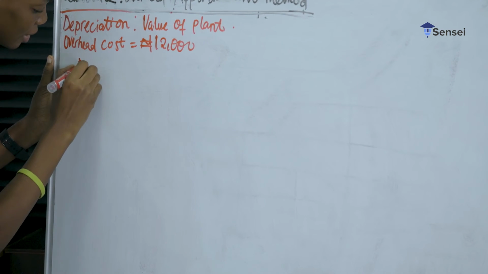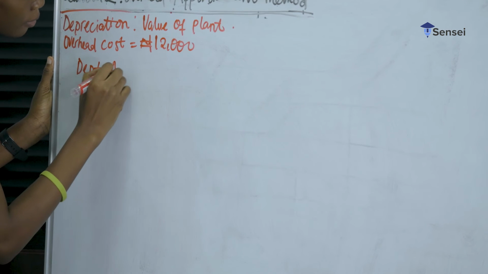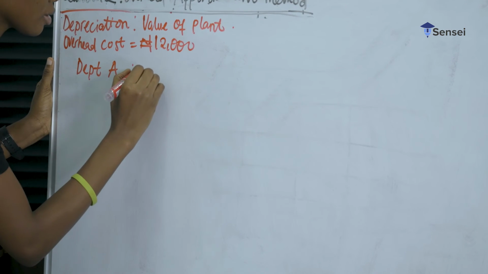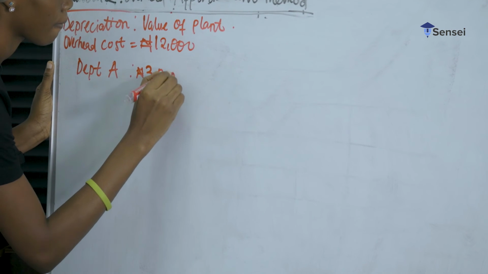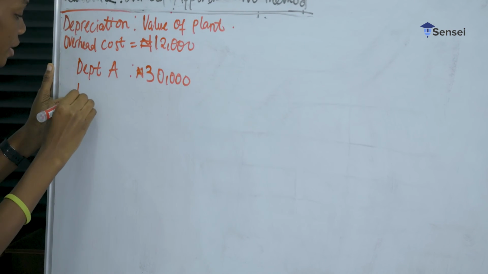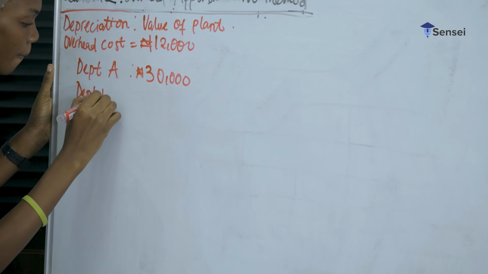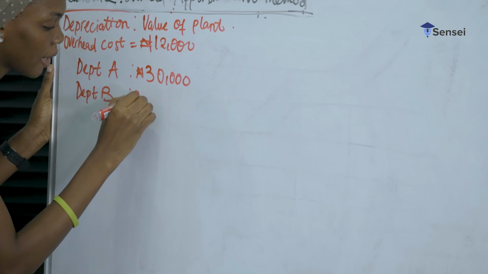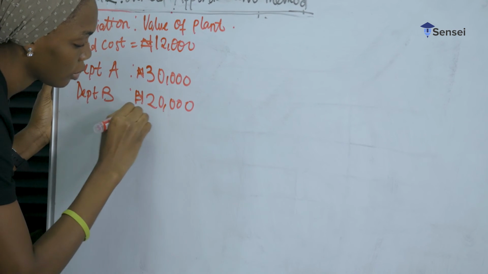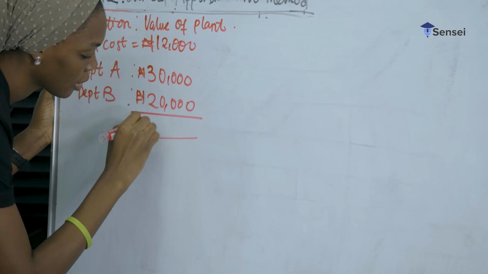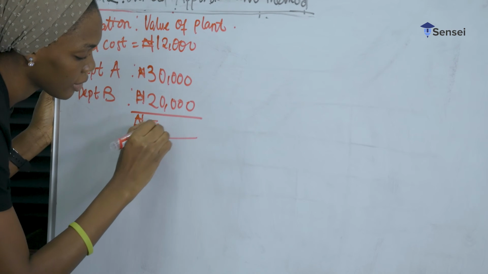For Department A, the value of plants is 30,000 naira. Now for Department B, the value of plants is 20,000 naira. Therefore, the total value of plants in this organization is 50,000 naira.